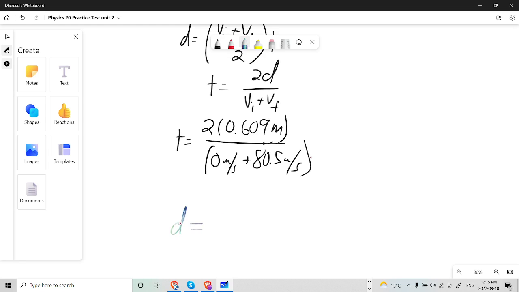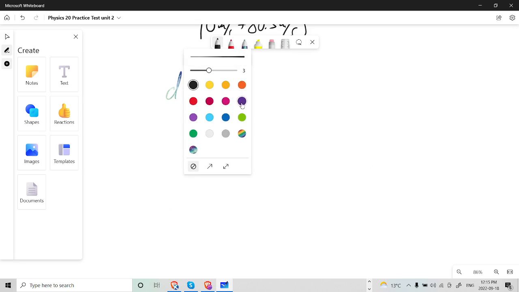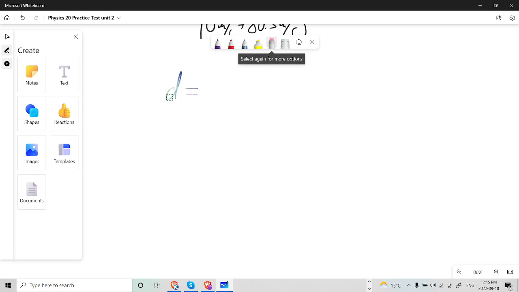Oh, I was trying to change colors, but this is some kind of rainbow deal that is not necessarily easy to read. Ah, that's how we do the other colors in this one. Sorry that you guys are seeing all the growing pains as I'm trying out this other whiteboard.